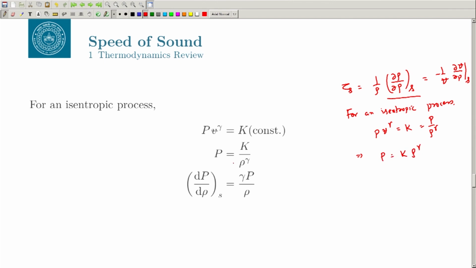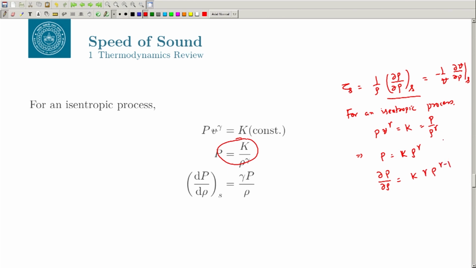I think there is a typo here. This is k rho to the power gamma. Now we want to find dP by d rho first, and then you can find d rho by dP. That will become k gamma rho to the power gamma minus 1.